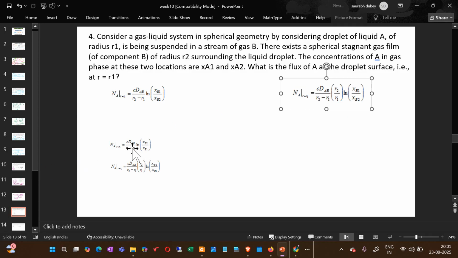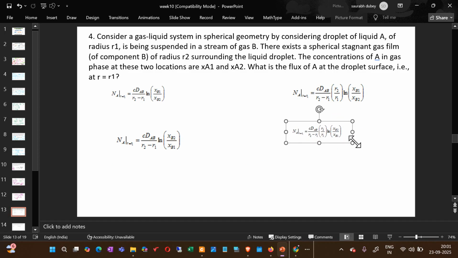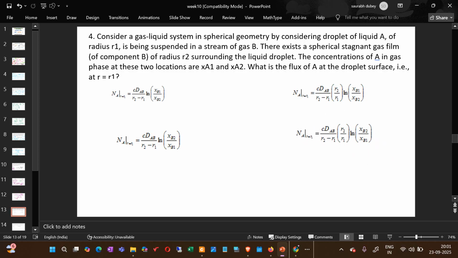Option A is this one, B is this one, C is this one, and D is this one.